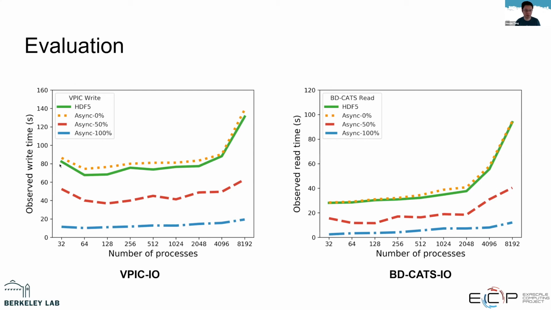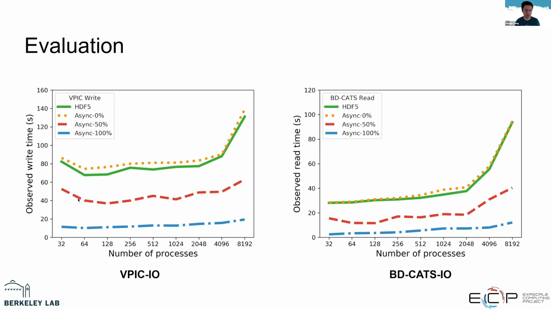That is the original HDF5. And the dashed orange line is where we enable the async connector, but without overlapping it with any compute time. So essentially, the difference between the orange dashed line and the green line is the overhead.